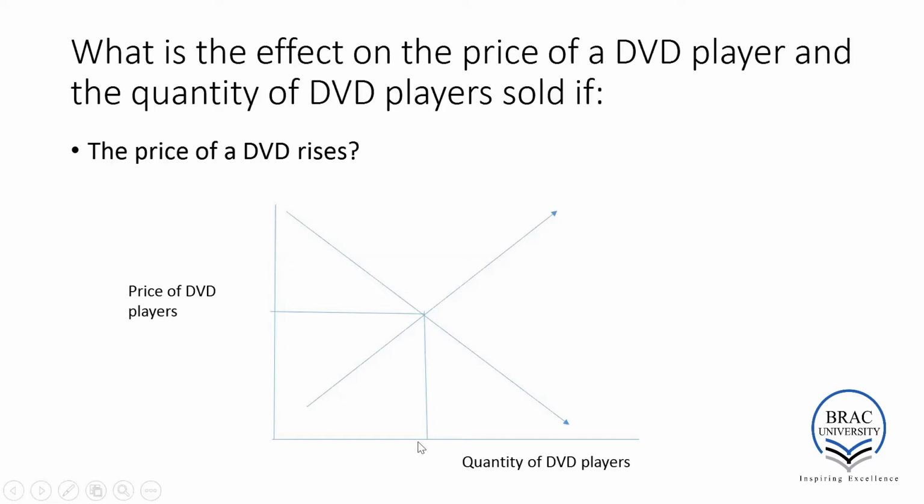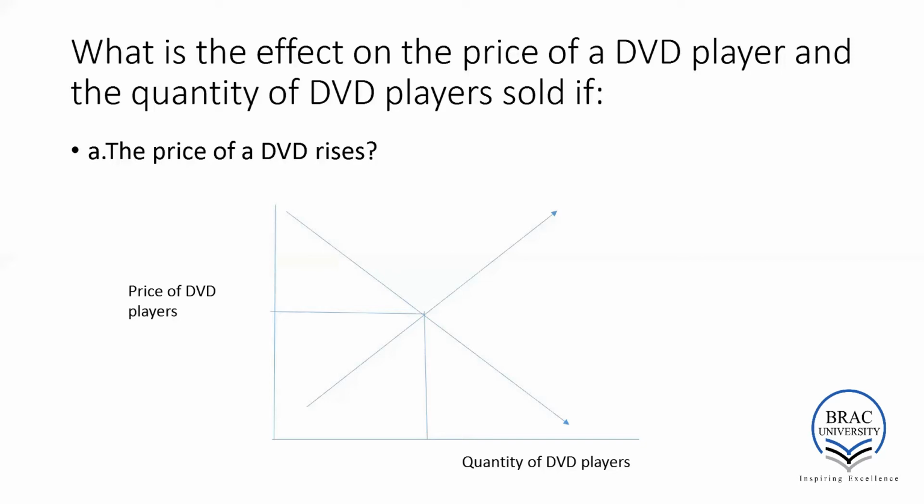Now, what if the price of DVD rises? So let's be careful about it. We are talking about the market for DVD players. And now we are saying, what if the price of DVDs rises? So what do you think about the relationship between DVDs and DVD players? They are complements, right? We use DVD players to play DVDs.